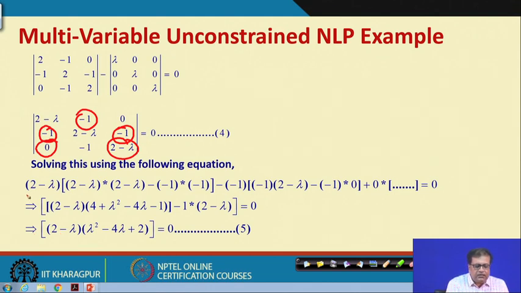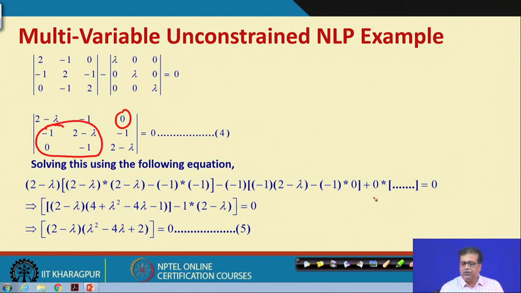So, all these are the first term. Now, in the second term, you see what we have done, we have taken the minus, that is very important, that negative usually comes for the second term: minus 1 into (minus 1 into 2 minus lambda minus minus 1 into 0), right. And the third term, what will it be? In the case of the third term, we take this one and this one.